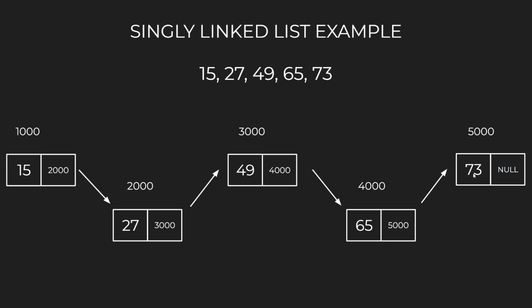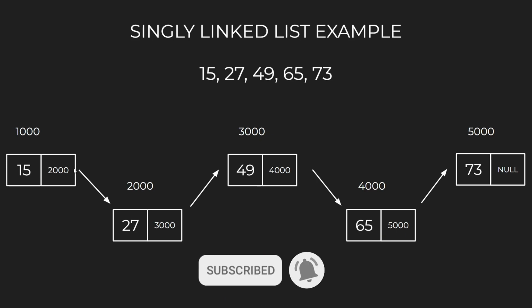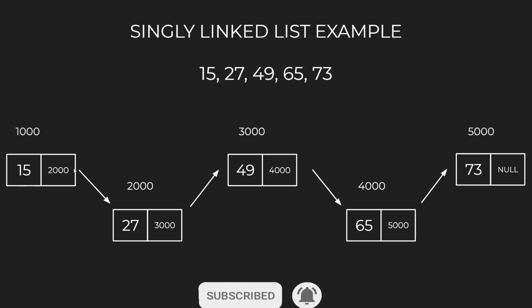Now here the address is null because there is no next node. We have reached the end of our linked list. Therefore, the address is equal to null. And that is basically how it works. We can see that every node is linked with each other, therefore the linked list.